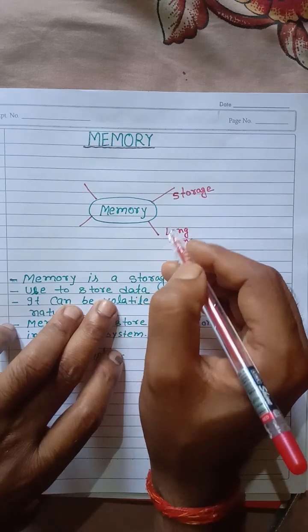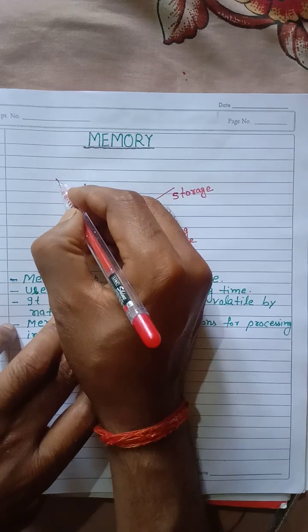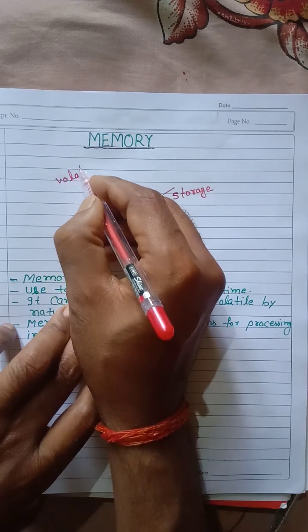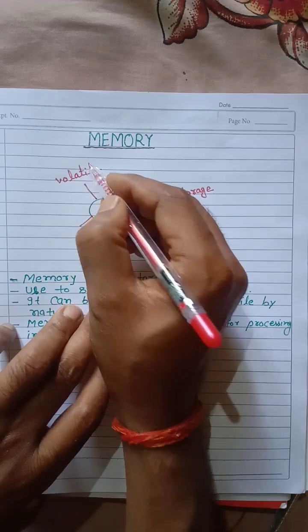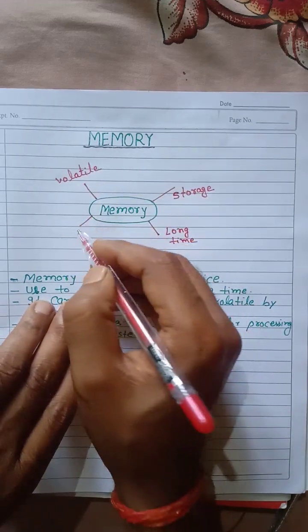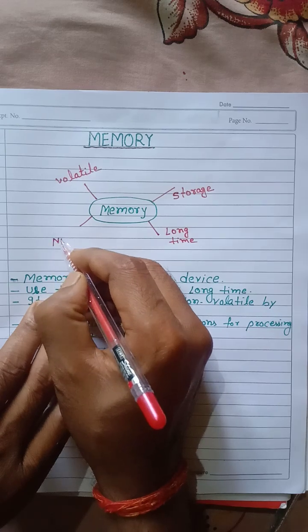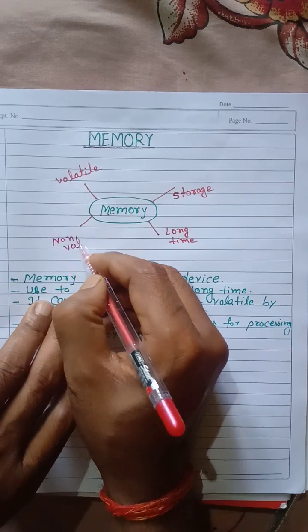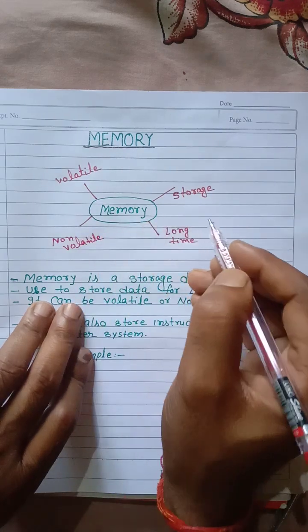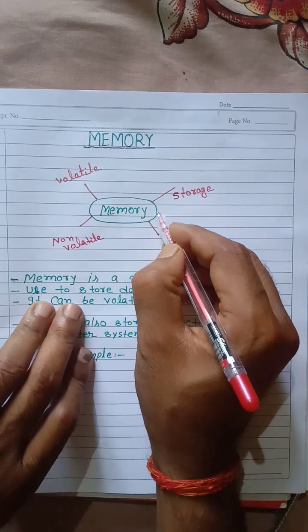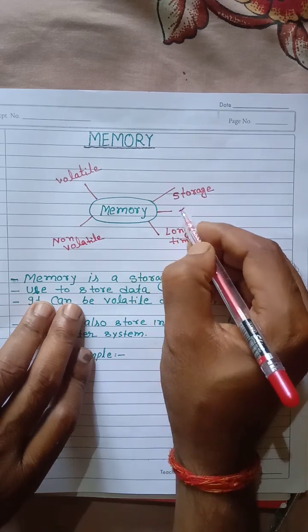Next, memory can be volatile, or memory can also be non-volatile. You can add something more. You can also write here that it stores data.